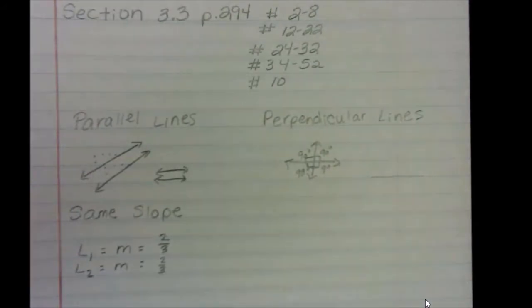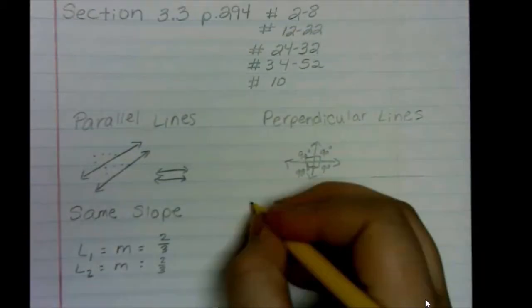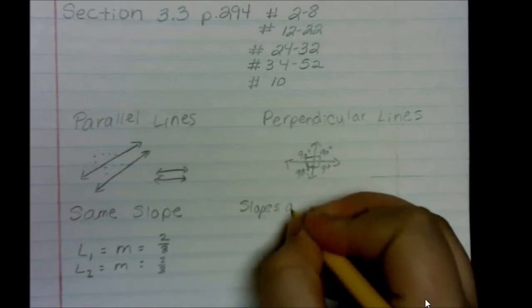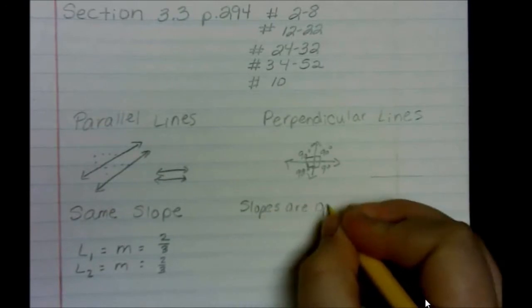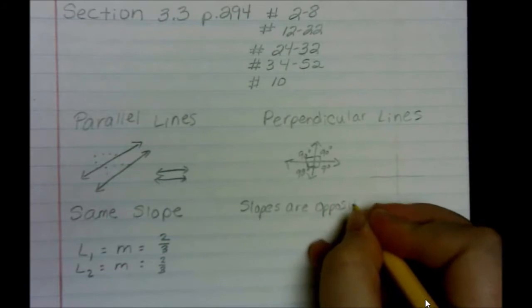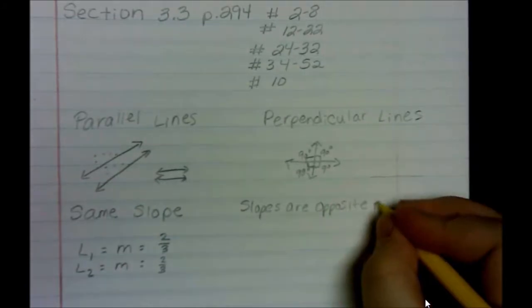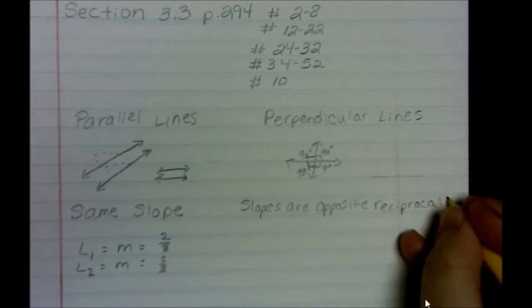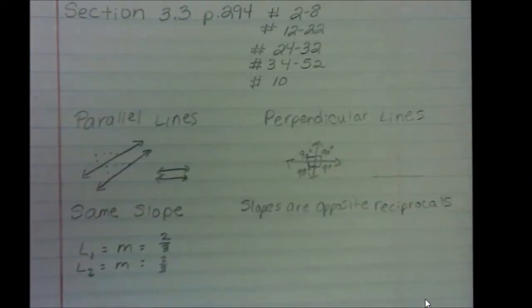So in order for perpendicular lines to cross at that 90-degree angle, their slopes are opposite reciprocals. Opposite reciprocals.